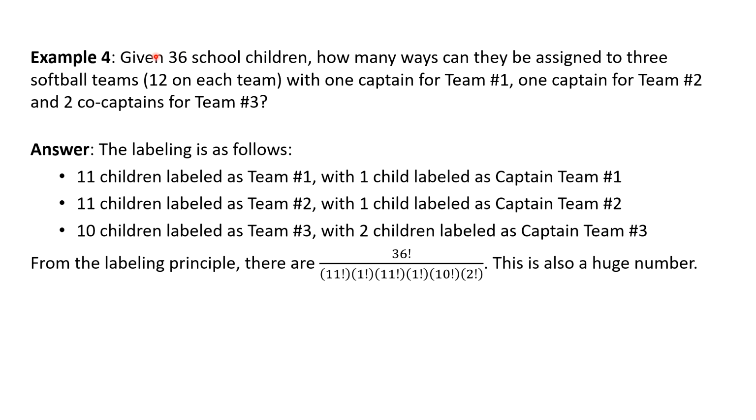So 36 factorial is in the numerator, and then in the denominator we have 11 factorial times 1 factorial for the first team, and then 11 factorial times 1 factorial for the second team, and then 10 factorial times 2 factorial for the third. And again, this is a really big number, so I'll just give you the solution expressed as the quotient of factorials.